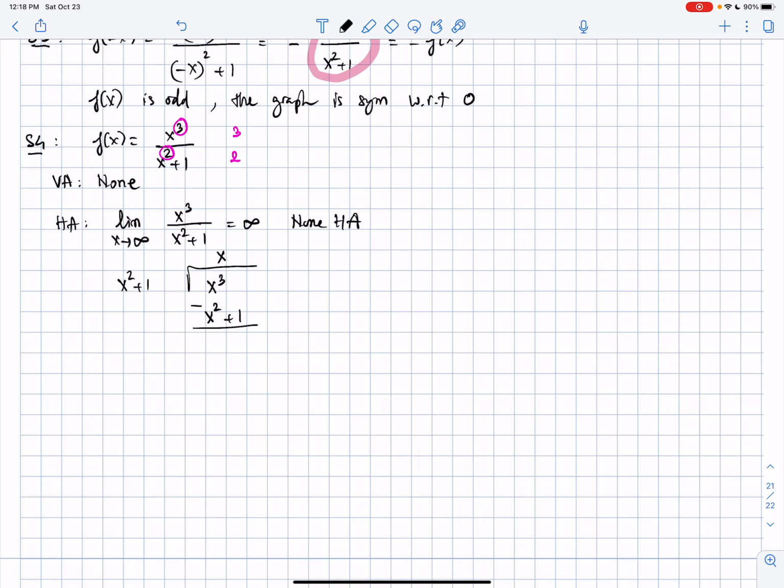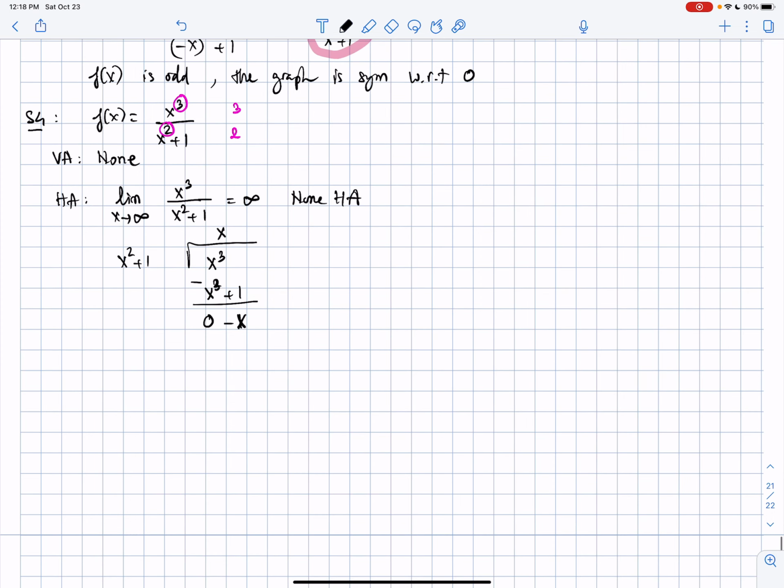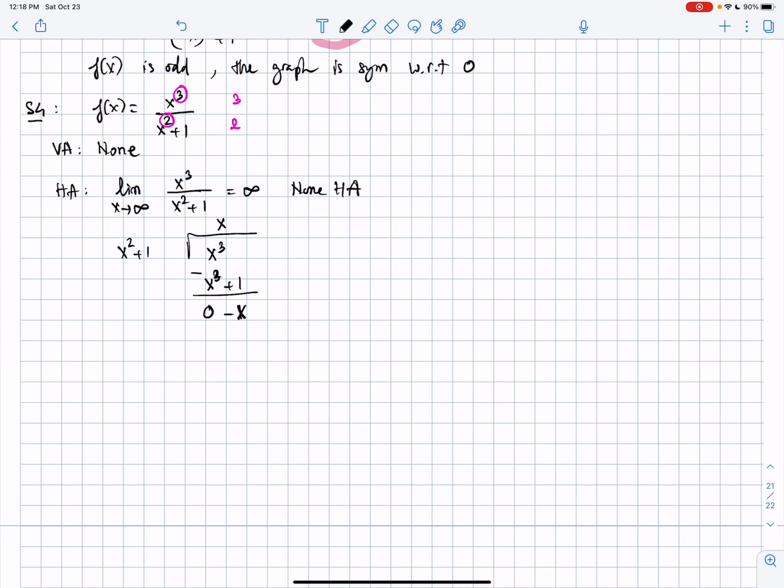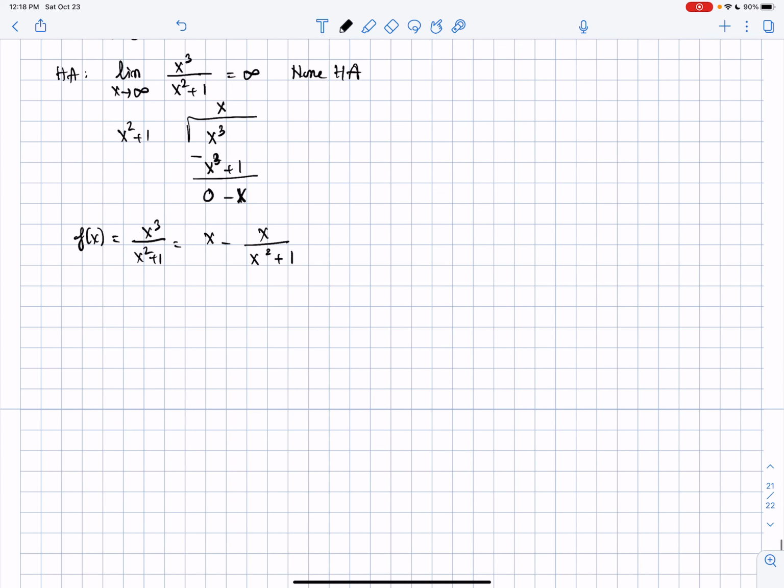Then we get 0 here and then minus x. So the function f of x can be written as x minus x over x squared plus 1. So the slant asymptote is y equals x.